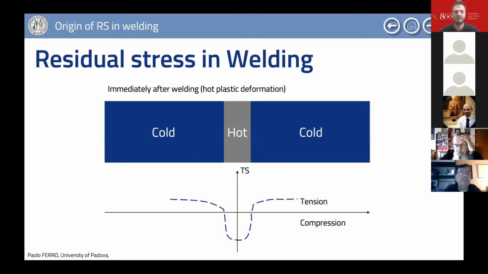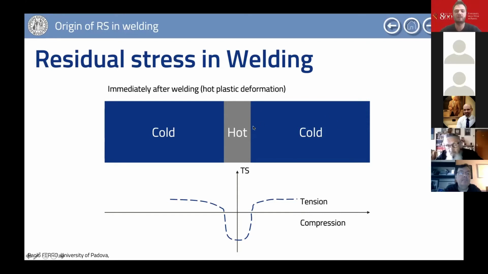We have a central part, the weld beam, which is a hot part, and the material is heated up to the melting temperature. So the material immediately after welding in this part tends to expand because of thermal expansion.